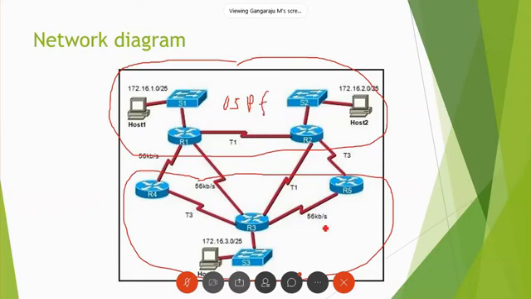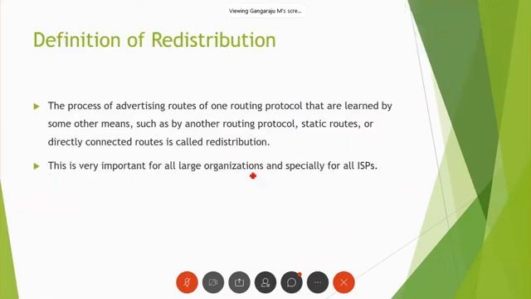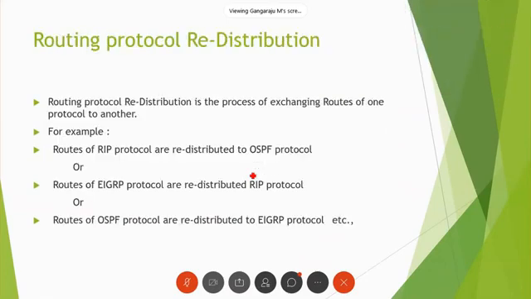So there are two different protocols, and they don't talk to each other directly. They don't exchange the routes of OSPF to EIGRP and vice versa. So we have to configure the concept of redistribution. There are certain rules that we have to follow while redistribution.